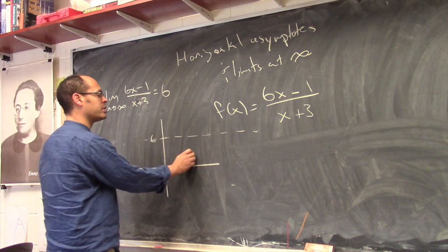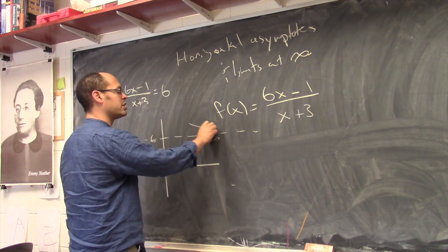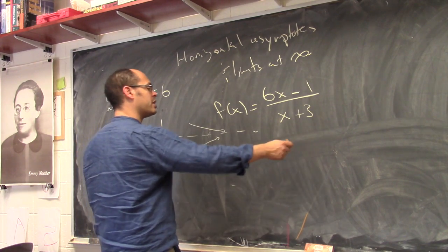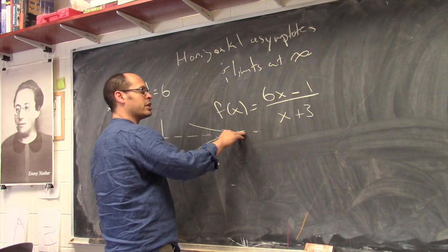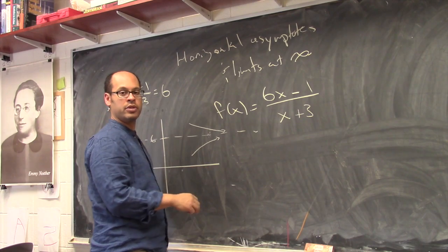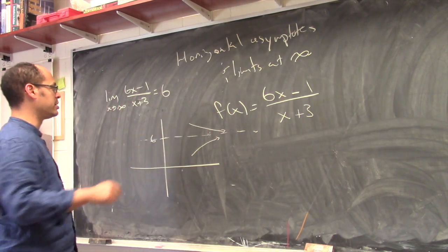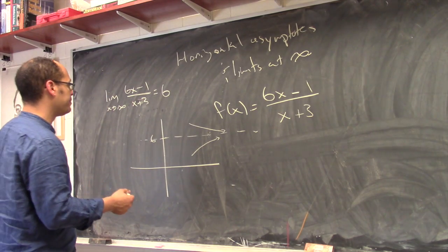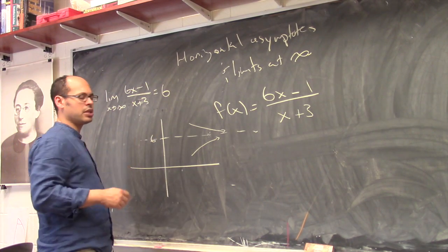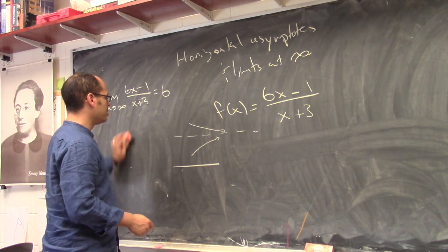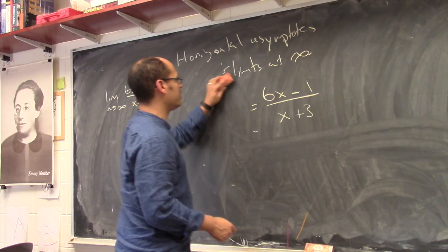Maybe I'm increasing towards 6, or maybe I'm decreasing and getting closer to 6. But the point is that as x gets bigger and bigger, we get closer and closer to this line y equals 6, or at least that's what we suspect from just our heuristic analysis. Okay, so these limits have to do with horizontal asymptotes. Let's get a precise definition going now.